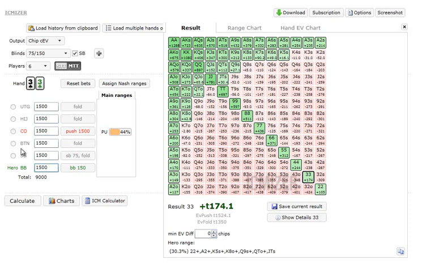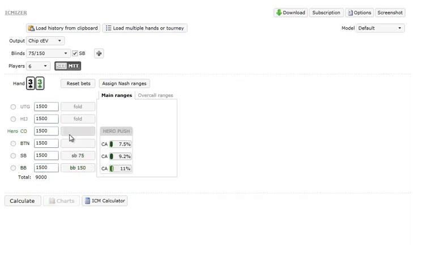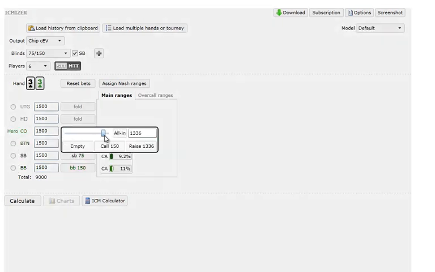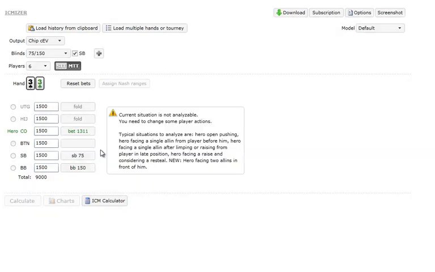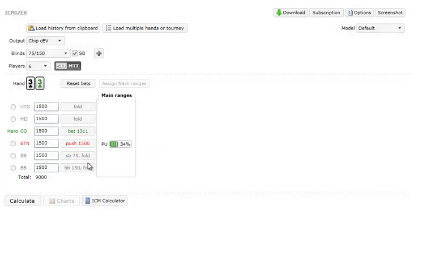For example, if you have a situation where you raise a very large part of your stack like this, and somebody pushes behind you like this, right? You cannot consider that you still have 1,500 chips, because if you fold, in this case, you are left with less than 200 chips. So your actual stack is 200 chips right now.